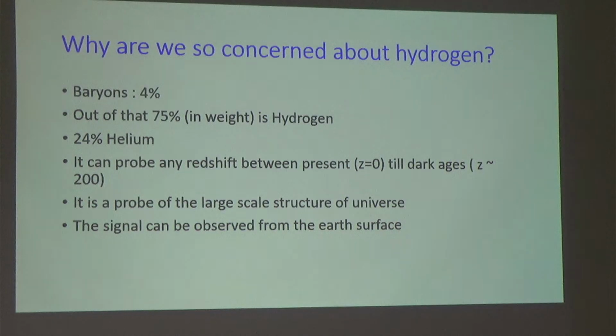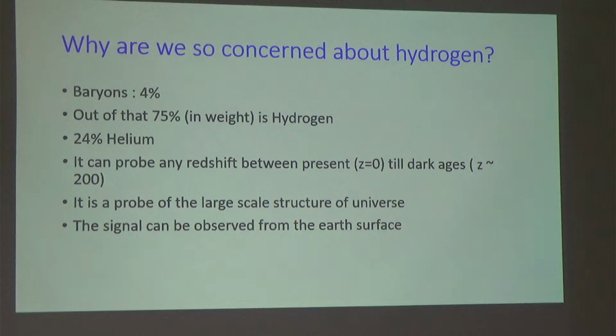Okay. Now, why are we so concerned about hydrogen? Why are we interested in the hydrogen atom? See, out of 100, the total baryonic fraction in our current universe is 4%. And that is the component we can see.